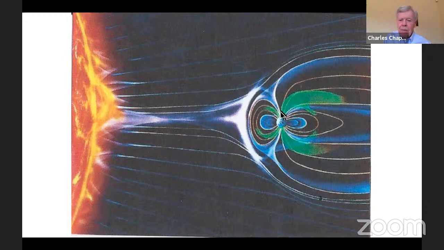Of course we compromised, and to our chagrin, we had to measure the low energy plasma all the way around. Well, that turned out to be a great gift, because what we found was when the spacecraft Dynamics Explorer was up over the polar regions, there were huge amounts of ion outflow.